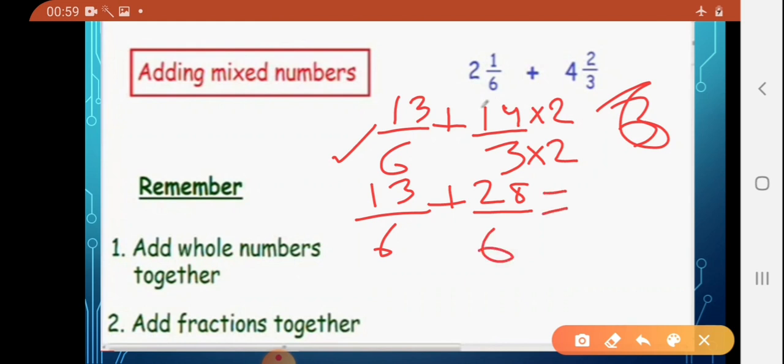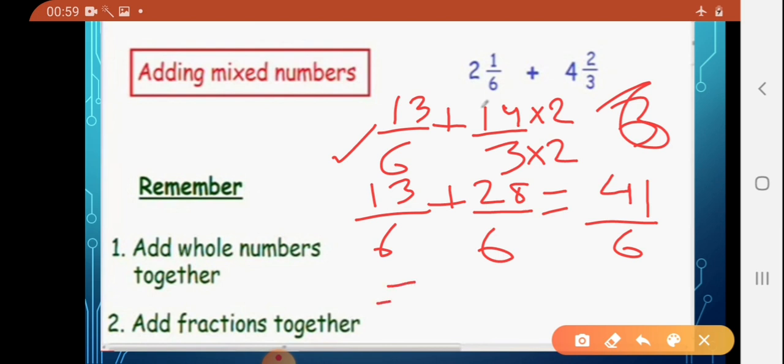The denominator has come same, so simply you will add the numerators. 41 upon 6 will come.